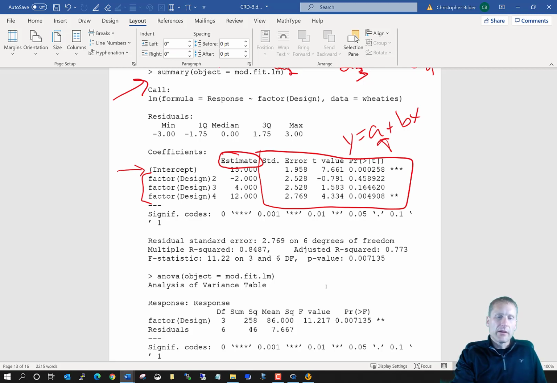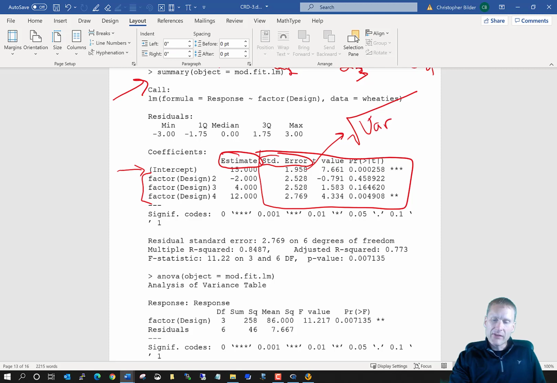But real briefly, it's worthwhile to mention this. We have a column called std.error that corresponds to standard error. And what this actually means is this. For that 1.958, that's equal to the square root of the estimated variance of mu hat. So mu hat is a statistic.